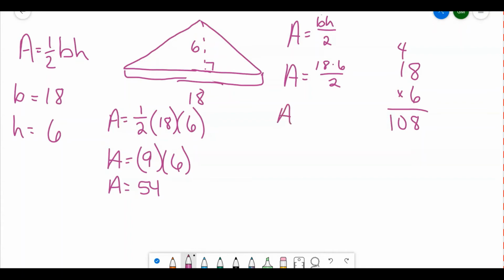And so area would be equal to 108 over 2. And 108 divided by 2 is still 54. So it doesn't matter which way you write the formula, so long as you remember that eventually you need to divide by 2. And you only need to divide by 2 once when you're doing one triangle.